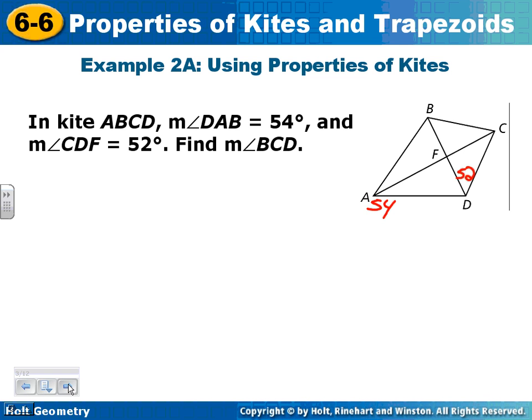Find the measure of BCD. B, C to D. What would be that angle measure?